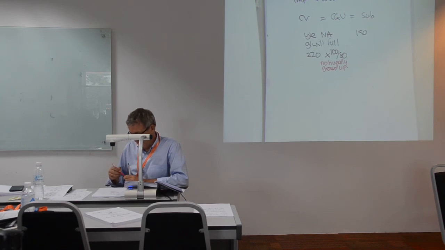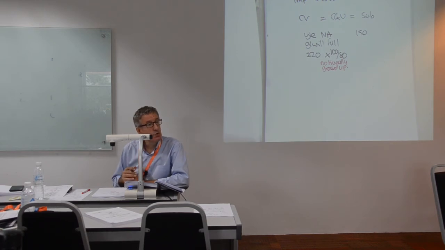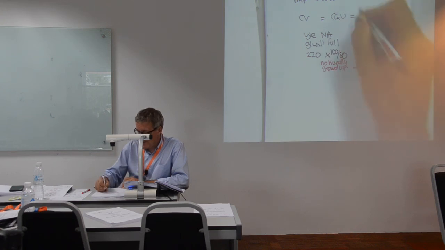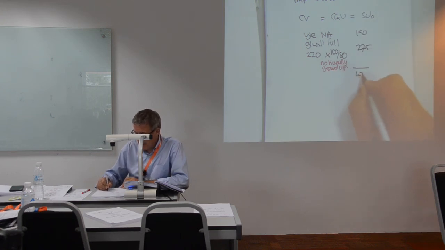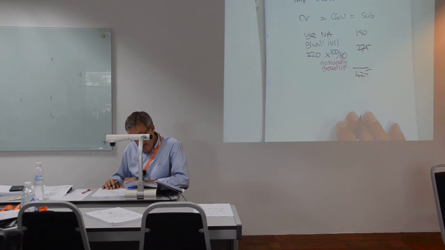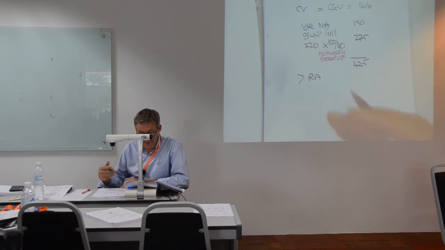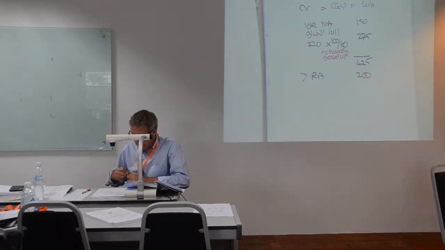And this is where my mental maths will not cope. So what does the goodwill become? 275. So we get a figure of 275, which is therefore 425. This enables us to compare this to the recoverable amount. The reason we're having to do the grossing up is because we want consistency.